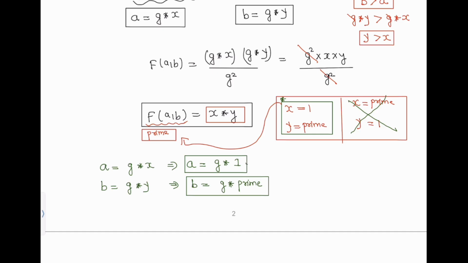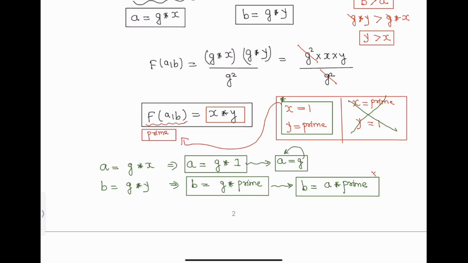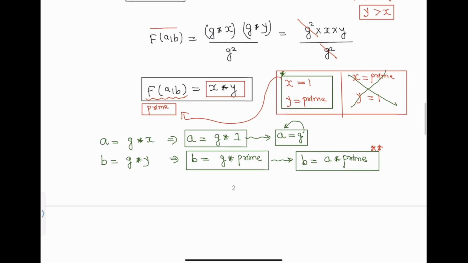From the first equation, I can say that A is equal to G. And from our second equation, since G is equal to A, I can write that B is equal to A multiplied with some prime number. This is the relation that we get between A and B. Very crucial relation. If F(A,B) is prime, then this condition must hold.